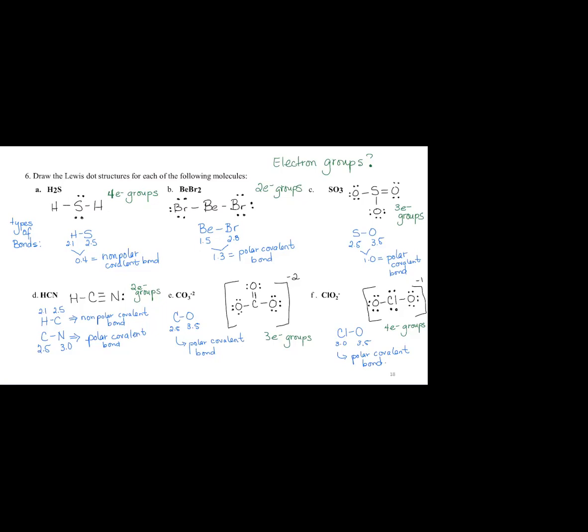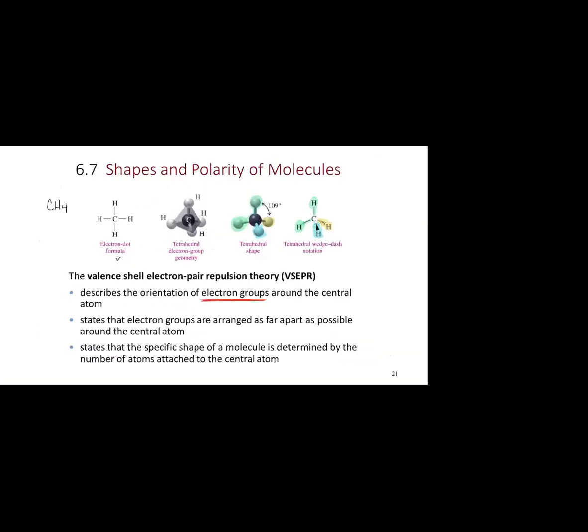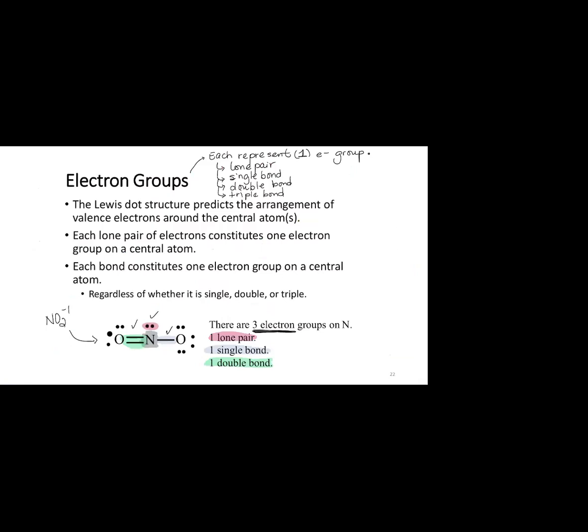There's a question in the chat about the whole idea of a triple bond. Remember, when it comes to electron groups, a lone pair is one electron group. A single bond is one electron group. A double bond is one electron group. A triple bond is one electron group. So it counts as one.